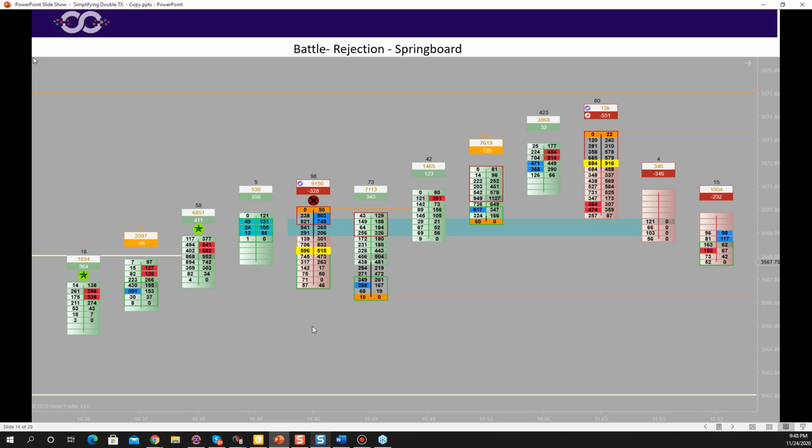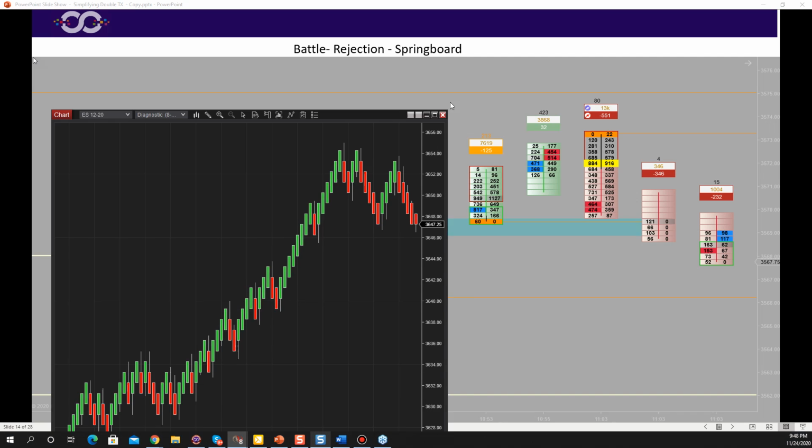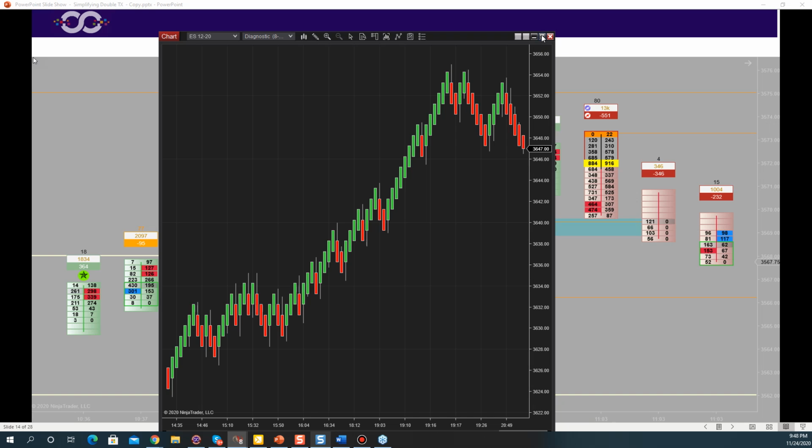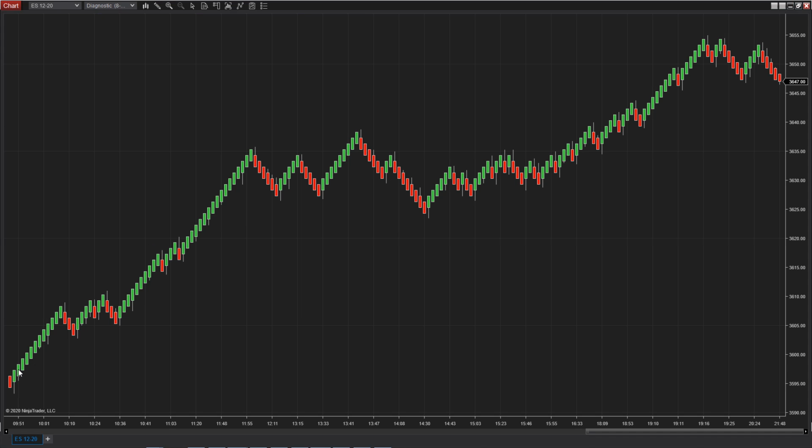How would you feel about risking your live money if you saw this strong of a battle? Okay, everybody understands that's a strong battle, right? Everybody agree? How do you feel about that strong of a battle coming at you way up here? Compared to at the start of a trend.